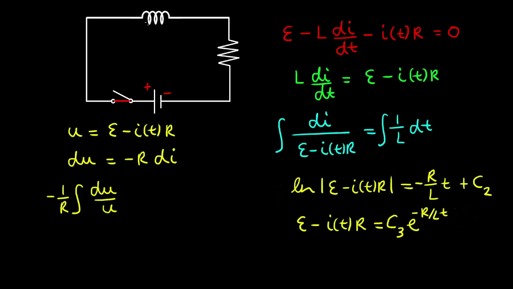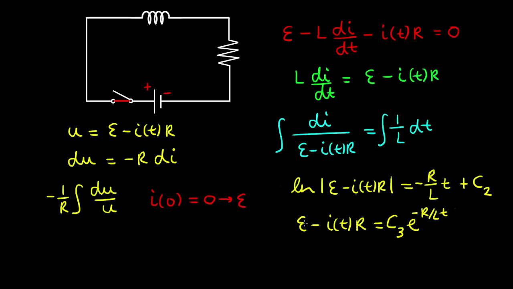Now we can apply our initial condition. Initially when the switch is closed, the inductor allows no current to go through it. So the electrical energy is being stored in the magnetic field of the inductor. So what we have is I of 0 is 0.